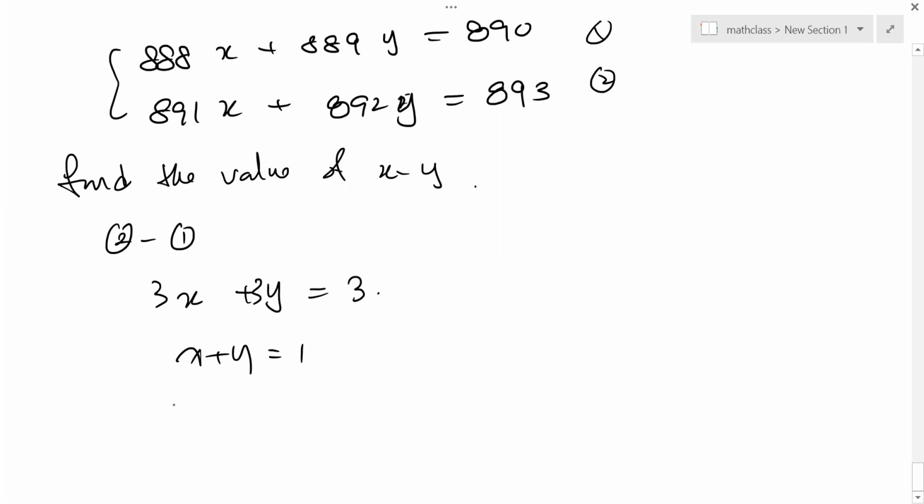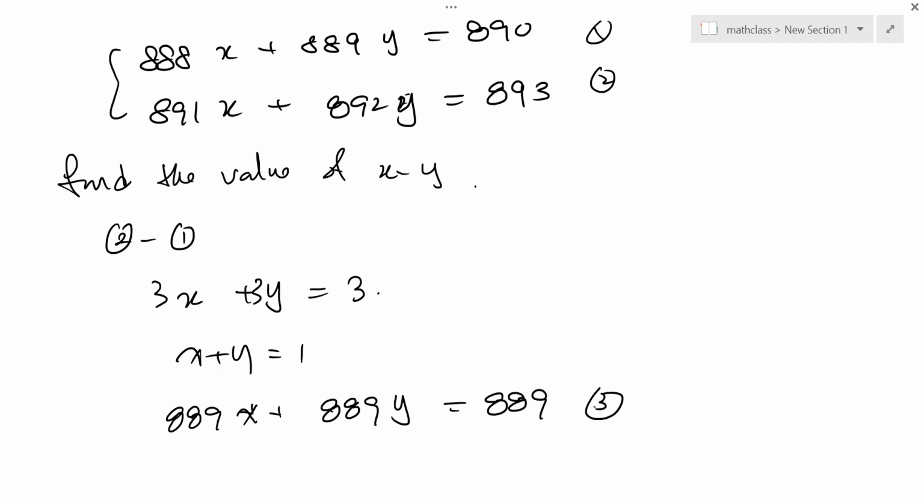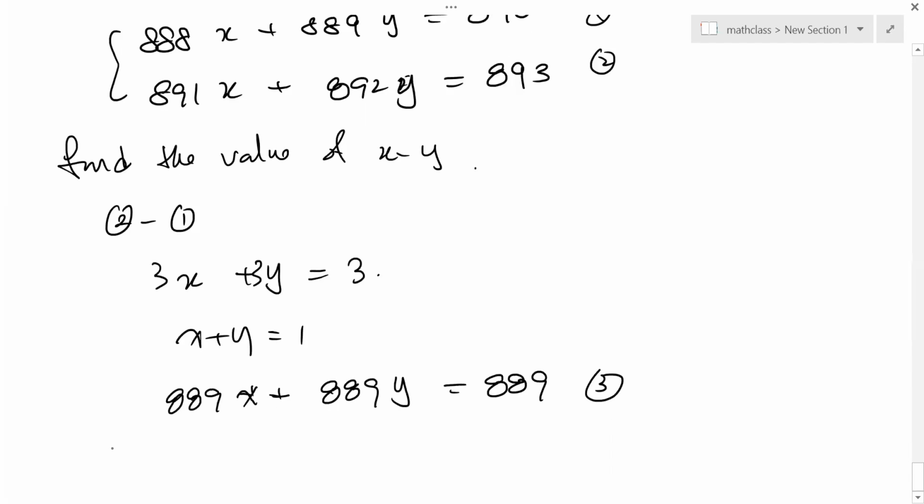You can multiply the first equation by 889, and call that equation 3. The reason I want to do that is that I want to do the subtraction again: equation 3 minus equation 1, for example.